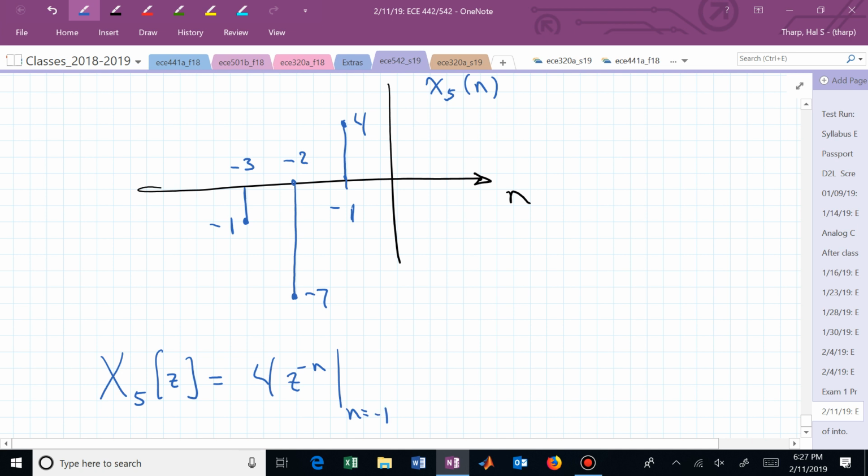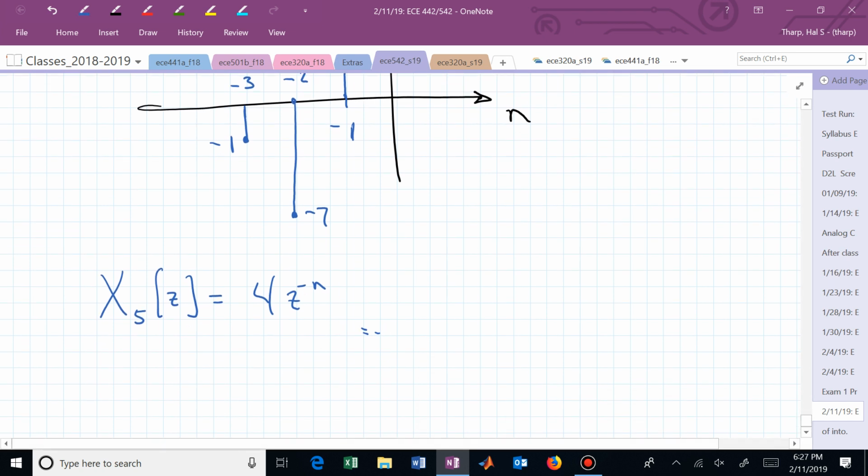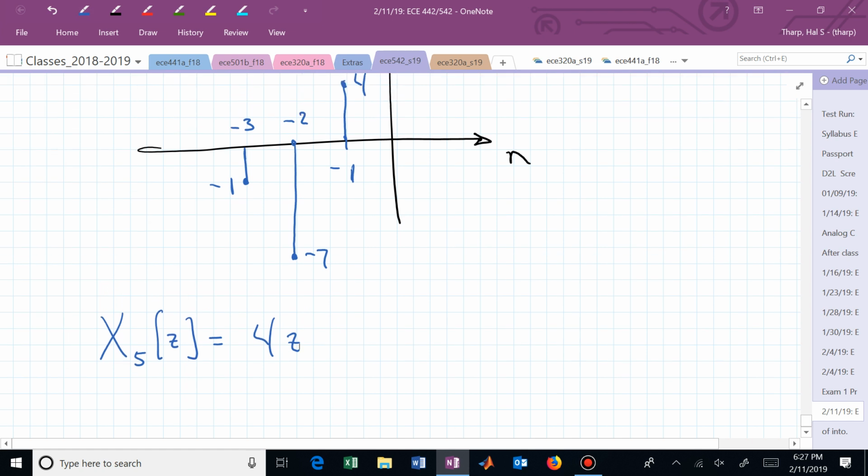Wasn't it the case when n was equal to minus 1? So that we now could say, oh, that's z to the minus of minus 1. That's now 4z. What about minus 7? Z squared. Minus z cubed.